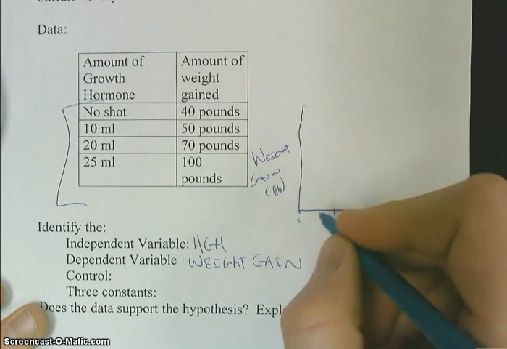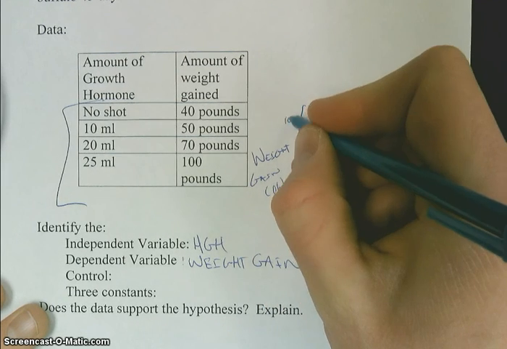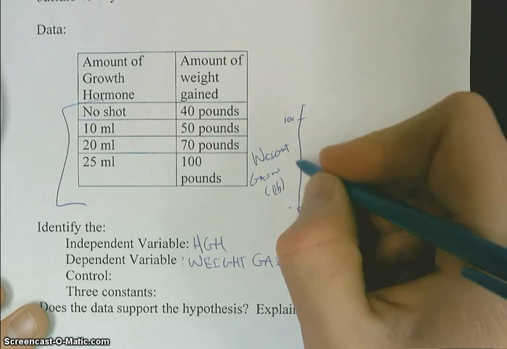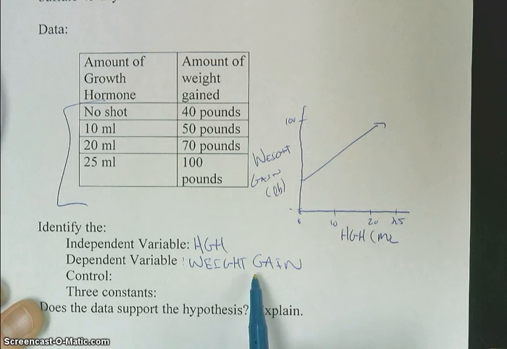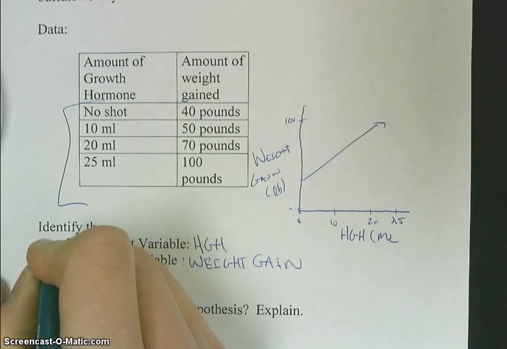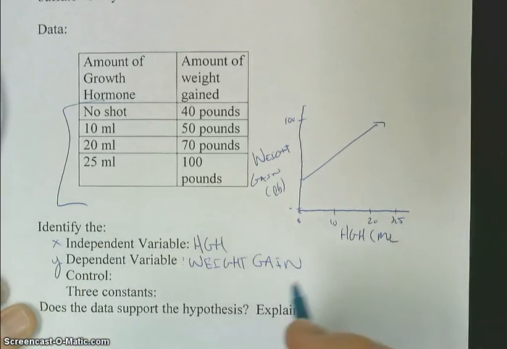And again, up to 100 pounds here. Here's 0. My graph would look something like that. So again, weight gain is my dependent variable, that's on the Y. HGH goes on the X because that's my independent variable.